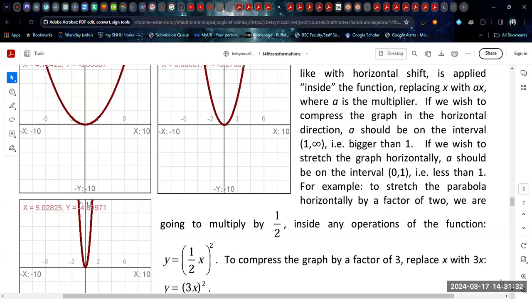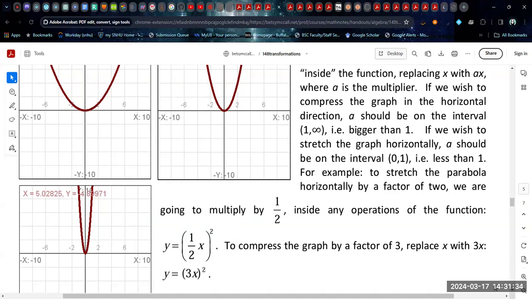If I want to get to that 1 value faster, for example, if I multiply by 3, I will get to that overall value of y equals 1 by the time I get to a third and not 1. So it's going to vertically increase more quickly.